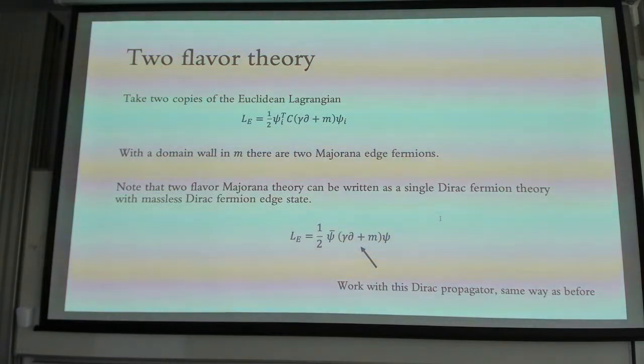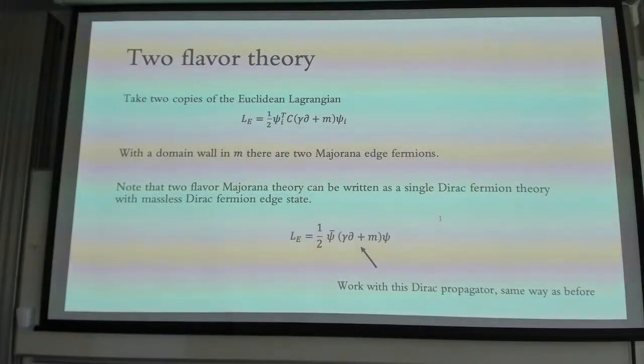And there I may or may not enlarge the degrees of freedom depending on how many fermions I had in my original theory. For the Majorana case, if I had 1 fermion, I do enlarge it to construct this operator with non-zero index. But if I have 2 Majorana fermions, I don't have to enlarge it. So I get a Euclidean operator with an index that's non-zero.